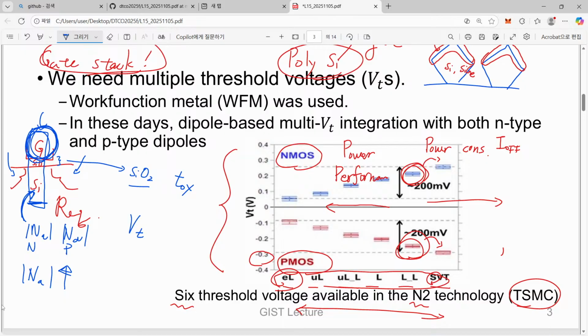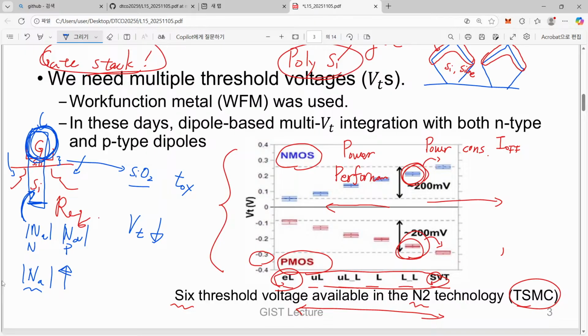Let's think about this situation. We had a very successful technology and we have reduced everything, but assume that there is no change in our doping density. Then what we have is significant reduction of threshold voltage, so it cannot be used for our proper purpose.